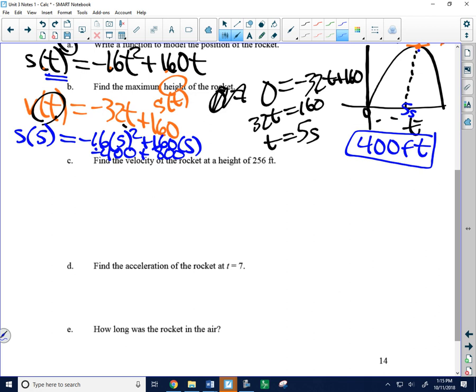So let's go look at C. Find the velocity of the rocket at a height of 256 feet. Find the velocity. Height of 256, in other words, that's position. So they're telling you the height is 256 feet. Let me write down my position function again.